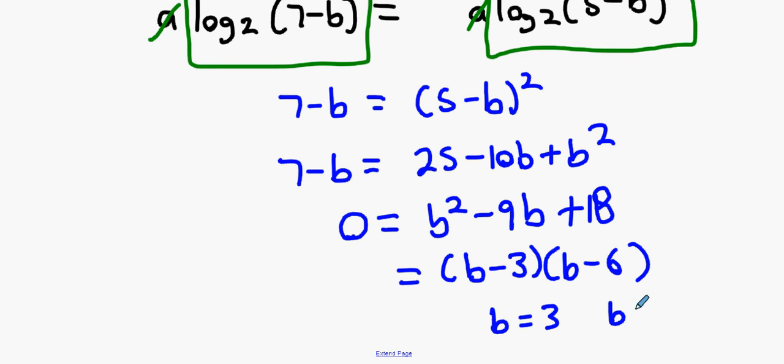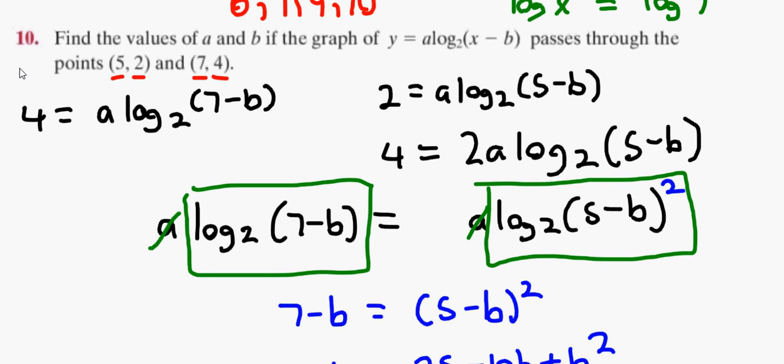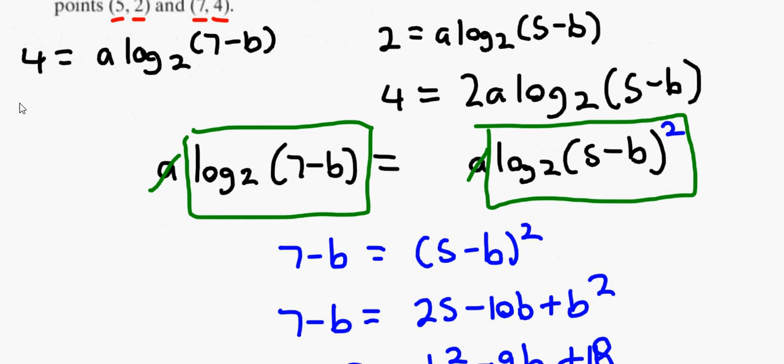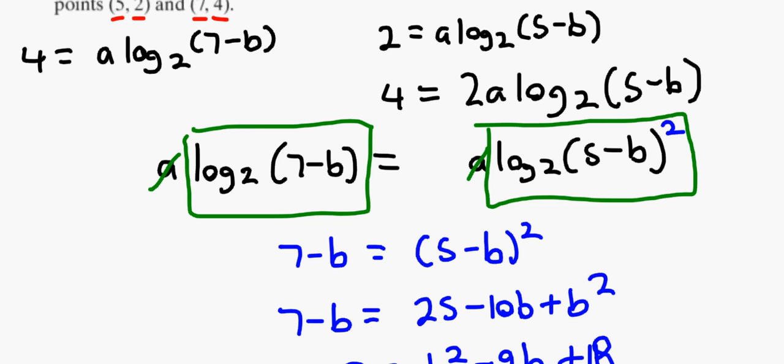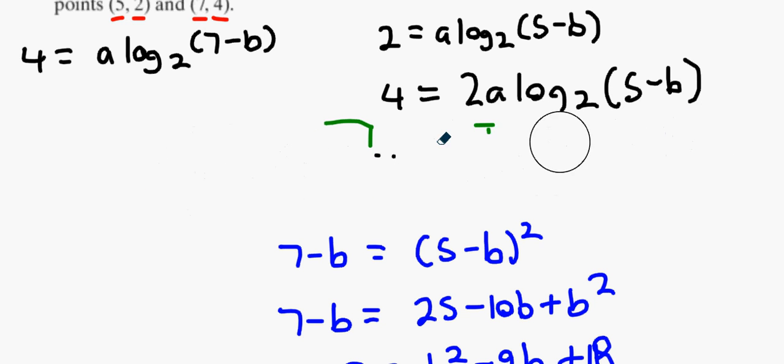B equals 3 and B equals 6. Is that okay? We all good? What else do I have to find out? Have to find out the A value, don't I? So choose either equation to substitute the B value in. Now, which B value is acceptable?